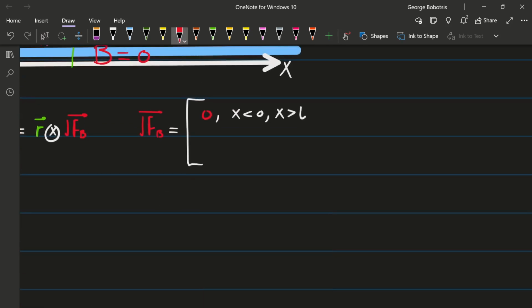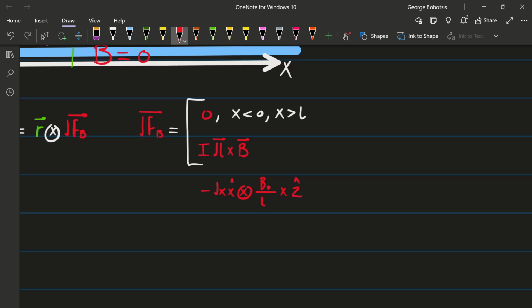So again, the dFB would be the current, the direction of DL, crossed with B, where the DL, just to summarize here, was negative dx x hat, and the B was B naught over L x z hat.